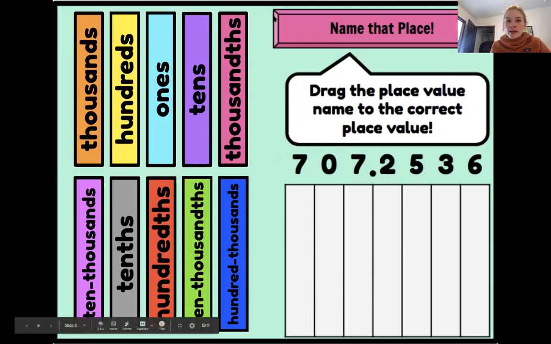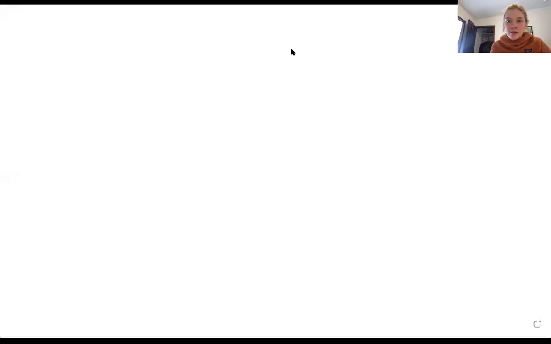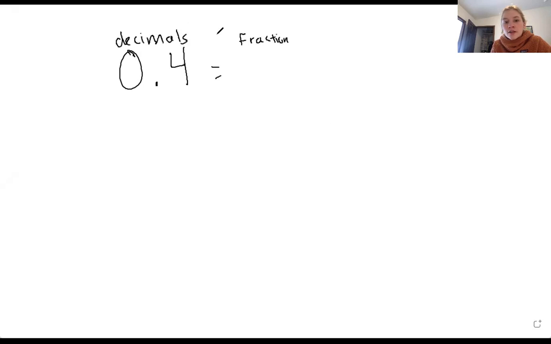Okay, one more thing I want to show you. I know it's kind of a speedy deal, but when we're talking about a fraction, such as 4/10, this can be represented as a fraction. I'm going to show you the difference between our decimals and how they are equal to a fraction.